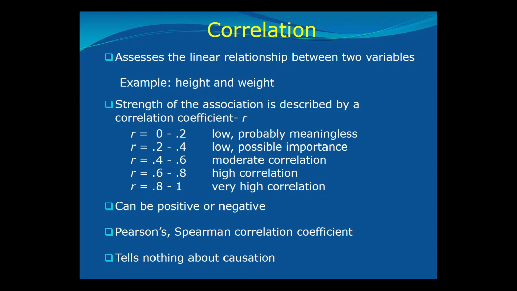If it varies from 0.4 to 0.6, there is a moderate association between variables. From 0.6 to 0.8, high correlation, and if the correlation coefficient varies from 0.8 to 1, there is very high correlation.